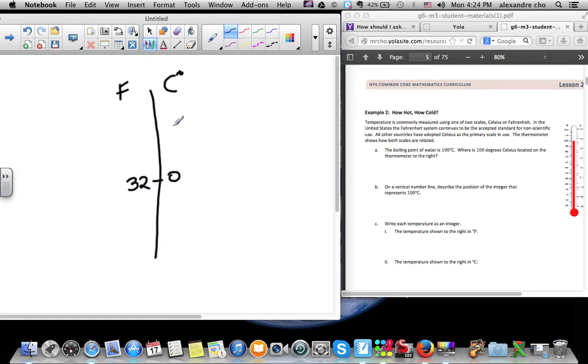So 100 Celsius would be about here. On the vertical number line, describe the position of the integer that represents 100 Celsius. The position of 100 Celsius, that is 100 units above 0.